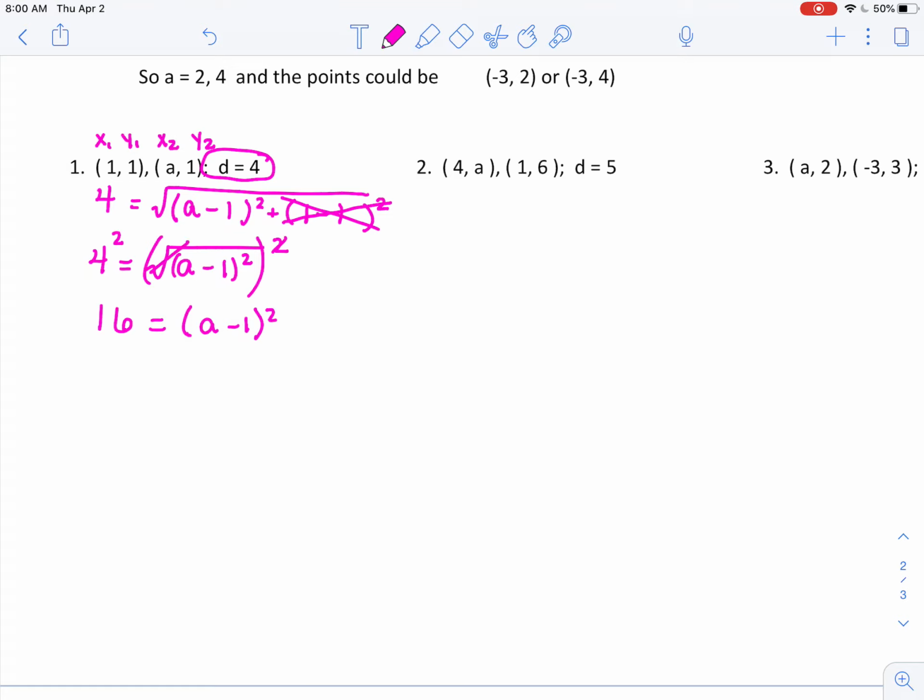So underneath I have (A minus 1) squared. Okay, now again I have this squared term. Squaring and square rooting cancel. So I'm going to square root both sides. So now the square root of 16 is 4. The square root of (A minus 1) squared is just A minus 1.